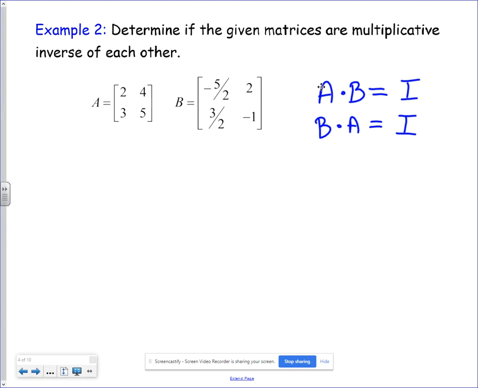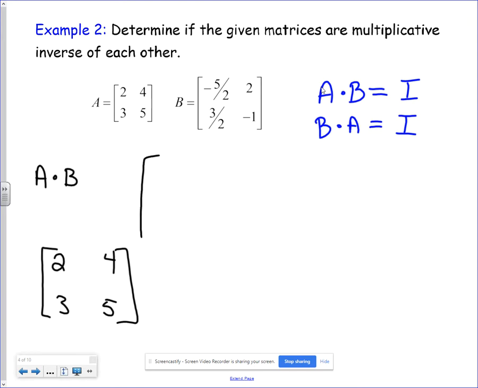Okay? So let's find out what A times B is. So this is what we did yesterday. We're going to multiply two matrices here. Both of them are 2 by 2s, so I can multiply them together. So I'm going to put my first one down here, 2, 4, 3, and 5. Put my second one up here, negative 5 halves, 2, 3 halves, negative 1.